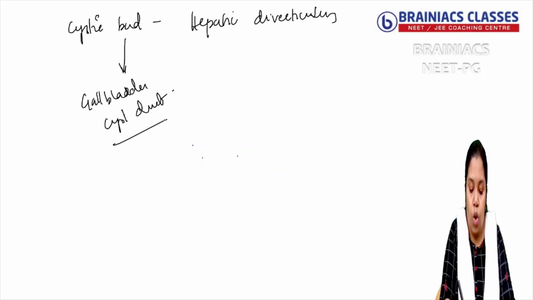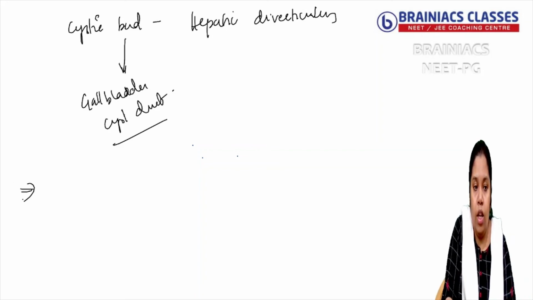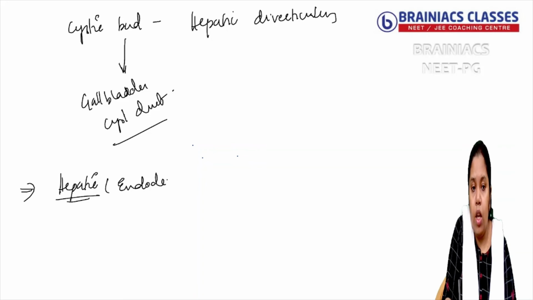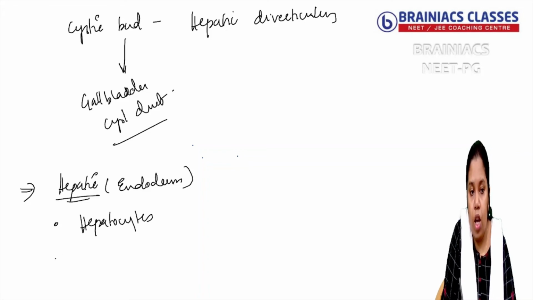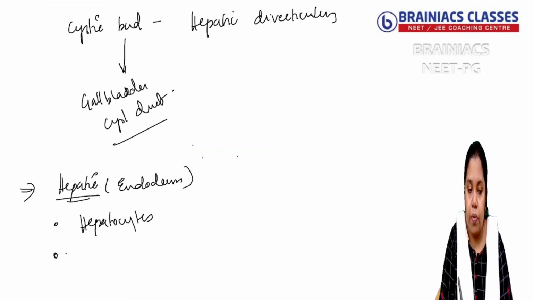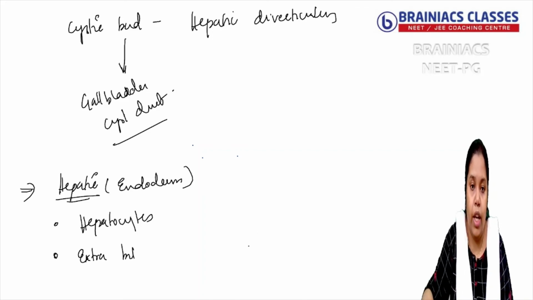So from the hepatic bud, which structures will be formed? From the endoderm, the hepatocytes and the biliary tree will arise from the hepatic bud.